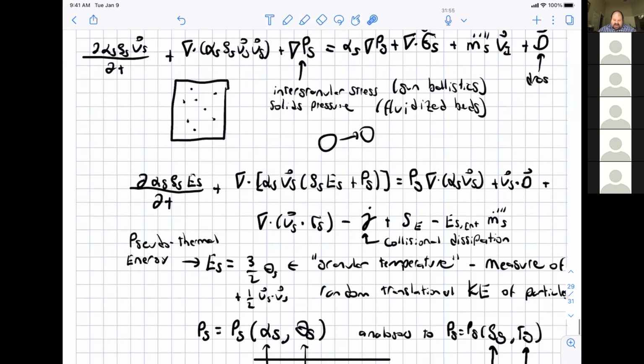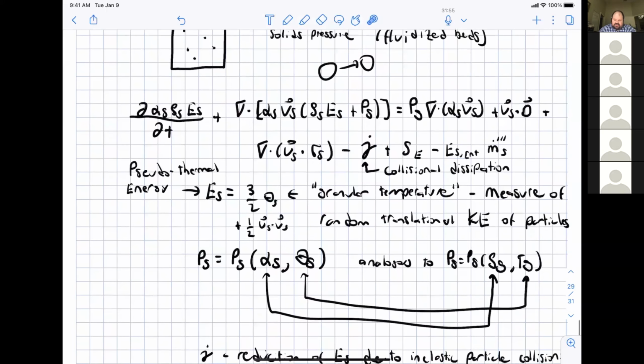Okay, so at any rate, we're just going to wrap up the governing equations. In addition, for the particles, there is a transport of what's called pseudo-thermal energy. I know it's a strange term, but pseudo-thermal energy is just the random translational kinetic energy of the particles, given by 3/2 theta s.